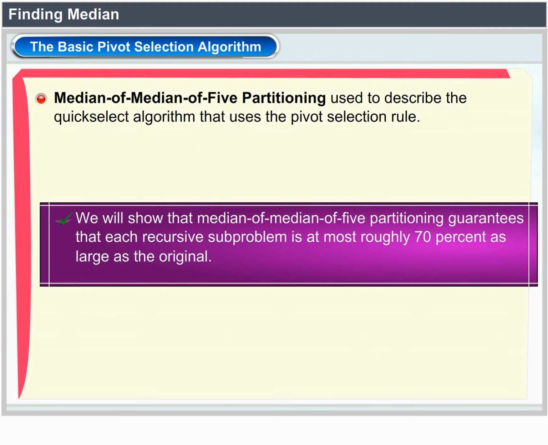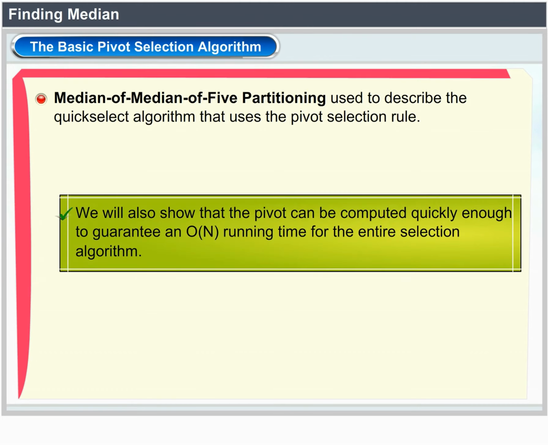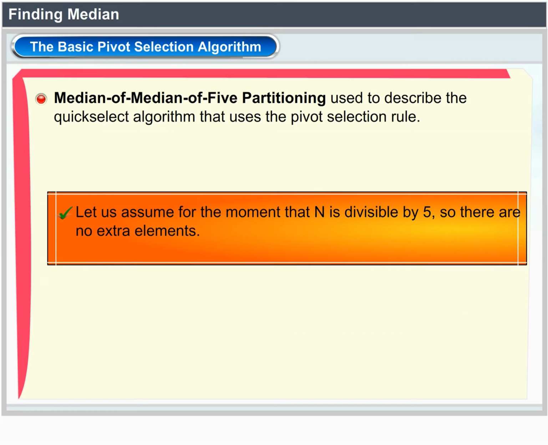We will show that median of 5 partitioning guarantees that each recursive subproblem is at most roughly 70% as large as the original. We will also show that the pivot can be computed quickly enough to guarantee an O(n) running time for the entire selection algorithm. Let us assume for the moment that n is divisible by 5, so there are no extra elements.